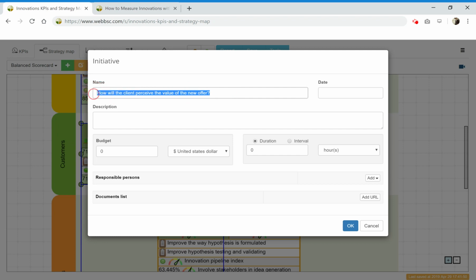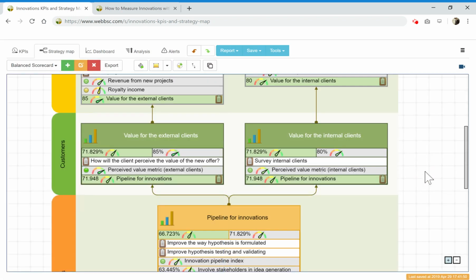We need to understand how people perceive the innovation that we are going to implement. Because customers don't care about what you do, what you provide to them, unless they understand what is the value for them. And when you get this connection, you can quantify this.